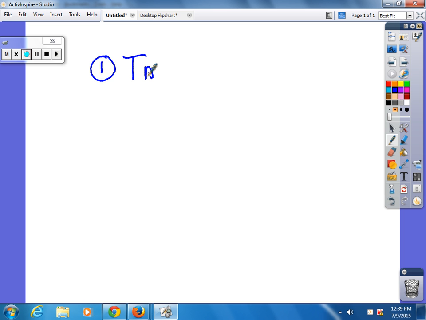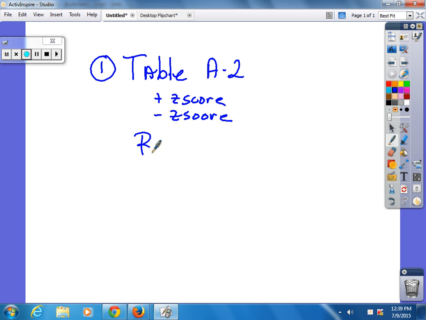The table A2 consists of a positive z-score table and a negative z-score table. It is in your book. When you buy a book, you have a z-score table in your book. Did anybody in here buy a book? Okay, where was it? Do you remember? It's in the front.